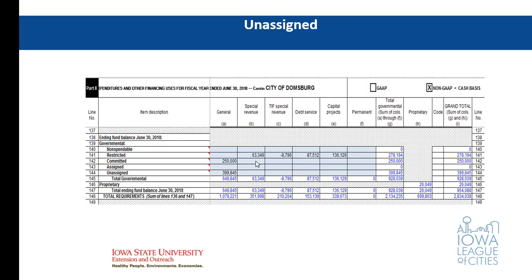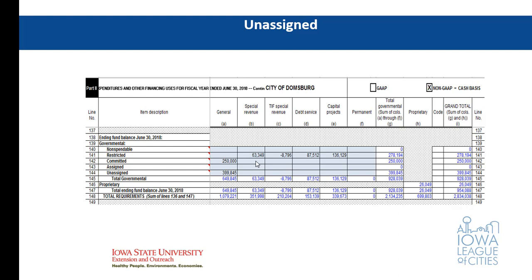The unassigned is anything that's left. So if you have an ending cash balance of $649,000 and only $250,000 of it was committed, then the remaining is unassigned. For some of you, it may be considered unappropriated surplus, which means that the council may be using it to do something in the next fiscal year.